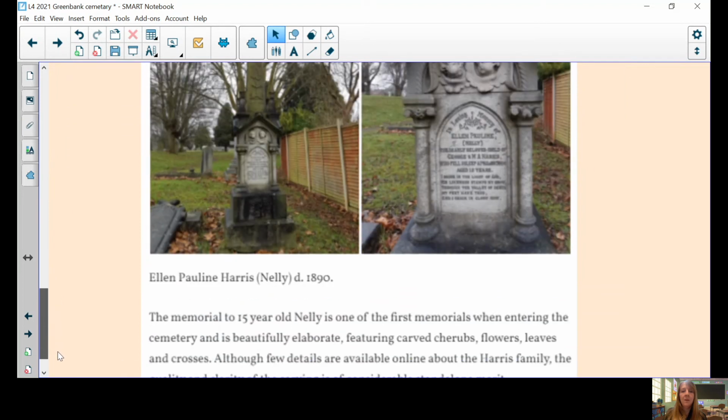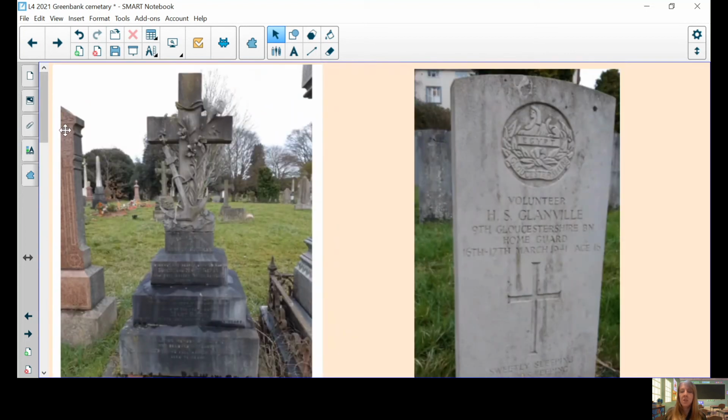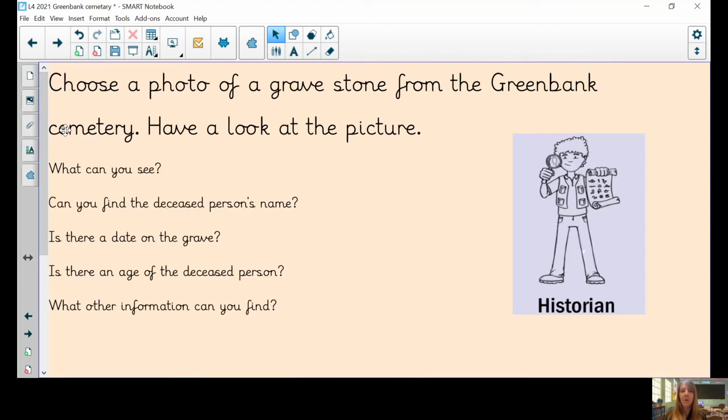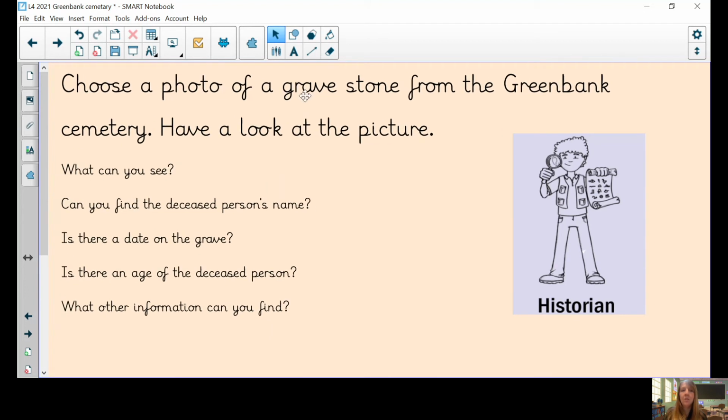And what you need to do is using your researching skills, I would like you to answer these questions. You can just choose one of the gravestones to write about, but if you'd like a challenge, then you can answer more questions.